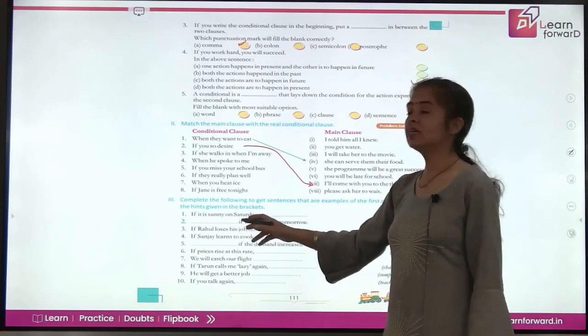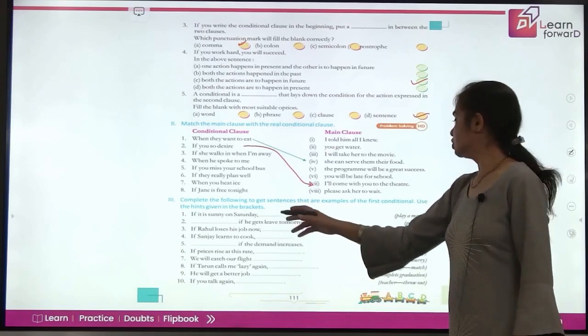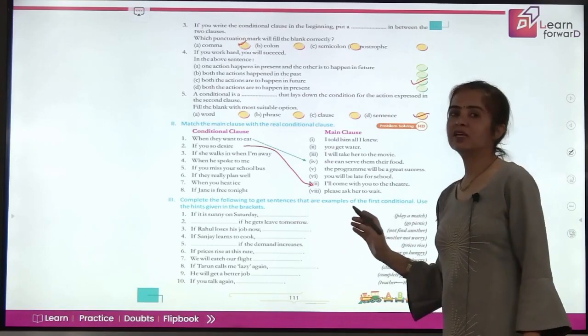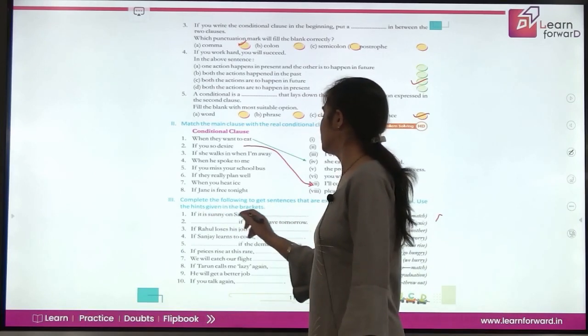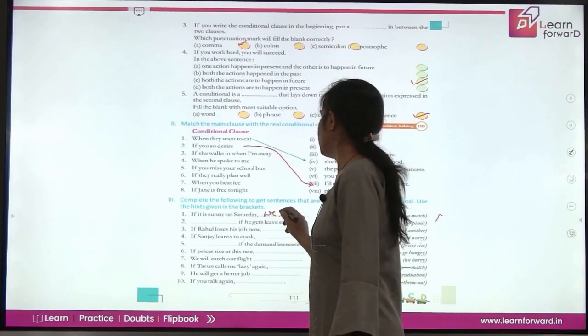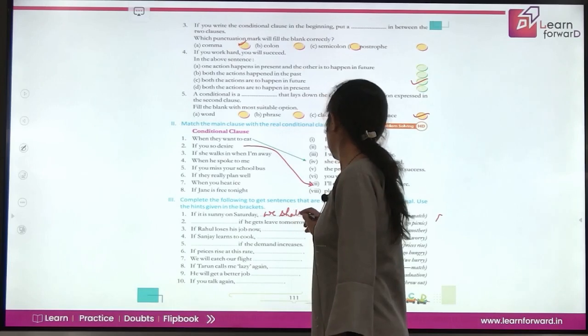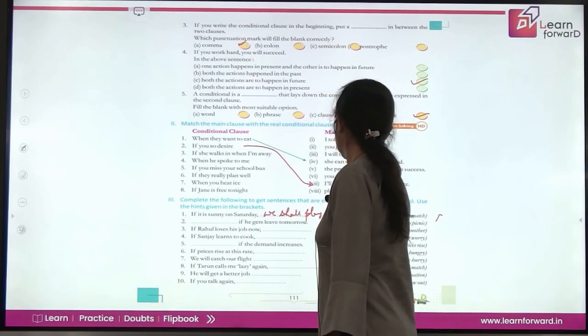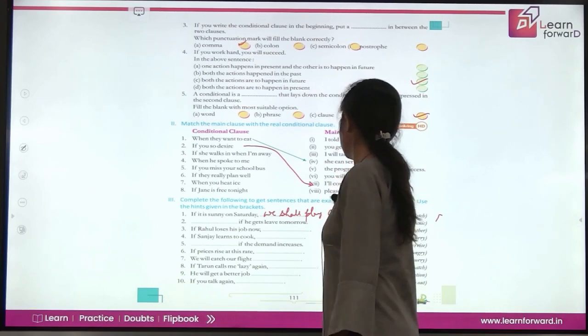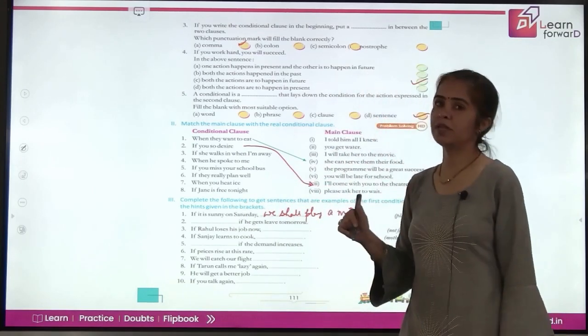If it is sunny on Saturday, we play a match, so we will use simple future. So if it is sunny on Saturday, we shall play a match. So simple. You just have to take care of the tense of the verb that you have to use.